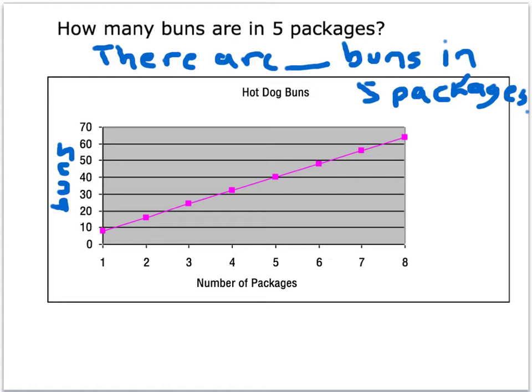I do always like to express my answer with a sentence when I'm working with word problems. And then so you said there are how many buns in 5 packages? Right, 40. So again, we looked at the x-axis, where there's the 5 here, come up to the line, come back across, and there are 40 buns in 5 packages.